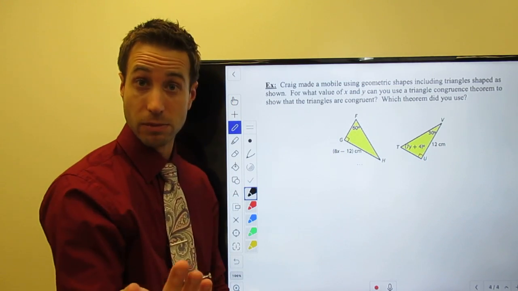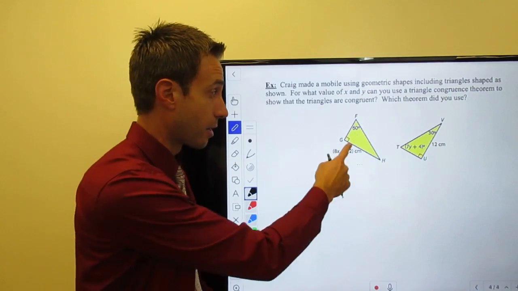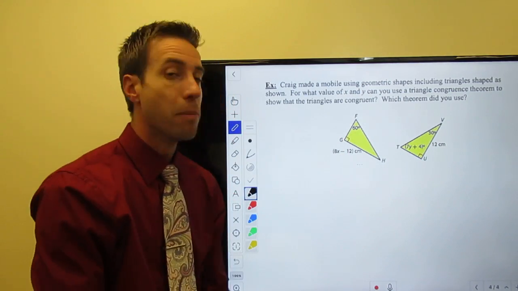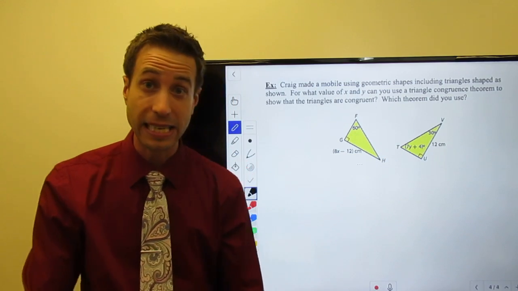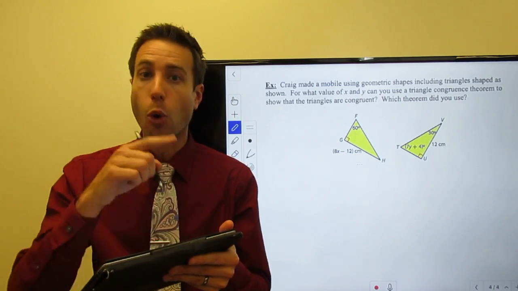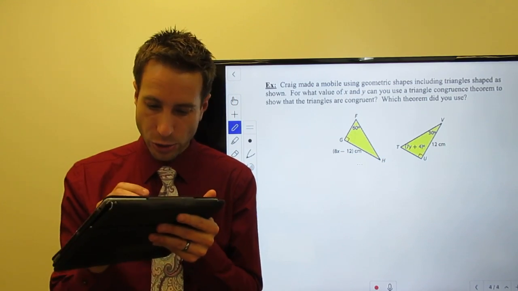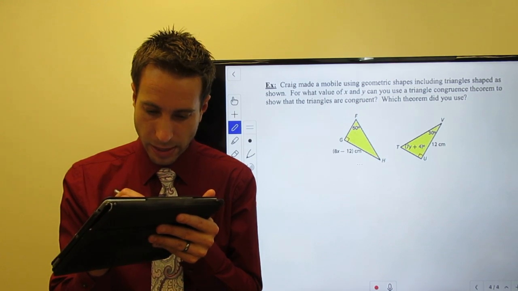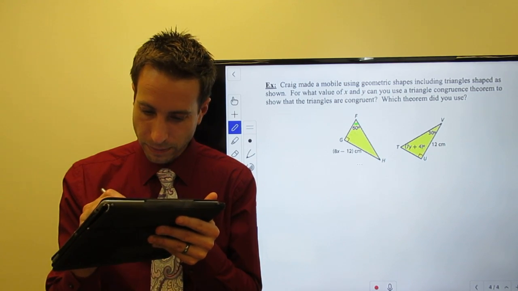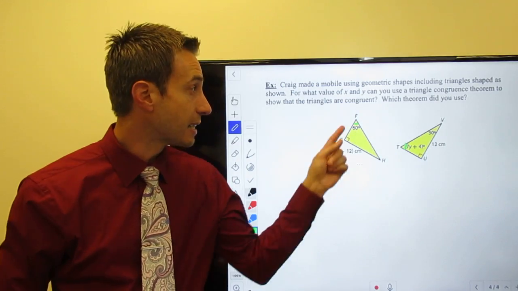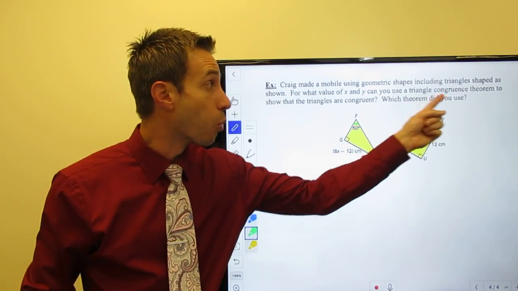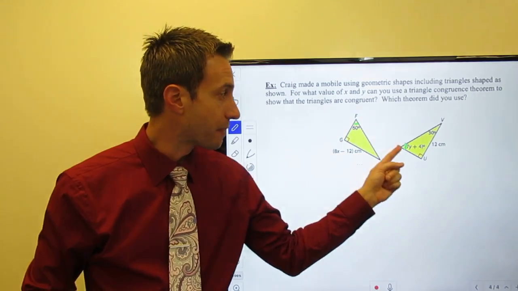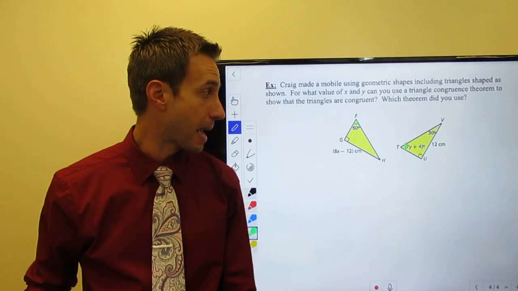They're corresponding angles and they're both 90 degrees. But more importantly, that tells me that angle F and angle T are congruent or corresponding angles. So let me go ahead and put that little mark in there so that I know that. I know that those guys are corresponding angles and I need them to be congruent. I want congruent triangles, so angle F and angle T, I need those to be the same angle.